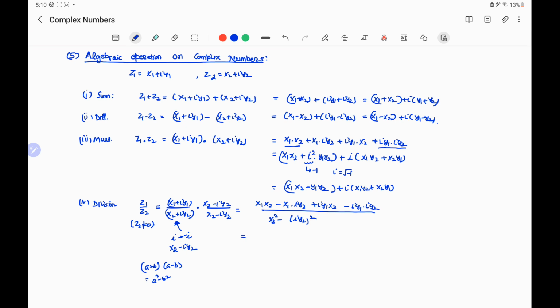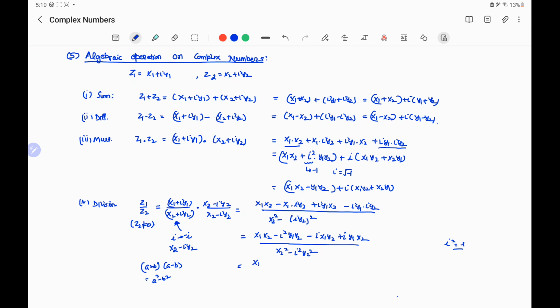Now we simplify these terms. We will have x1 x2, then we take the term which has i square, so it is minus i square y1 y2, because i square is minus 1, so we will give a real number. Then remaining terms are minus i x1 y2 plus i y1 x2 divided by x2 square minus i square y2 square. We know that i square equal to minus 1, so replace this value.